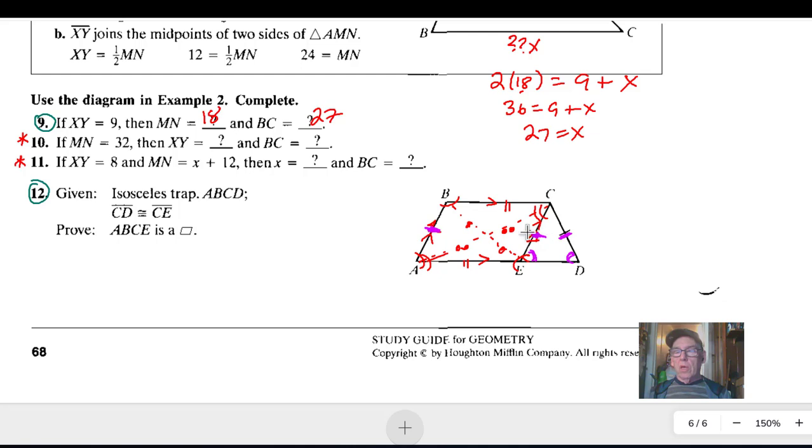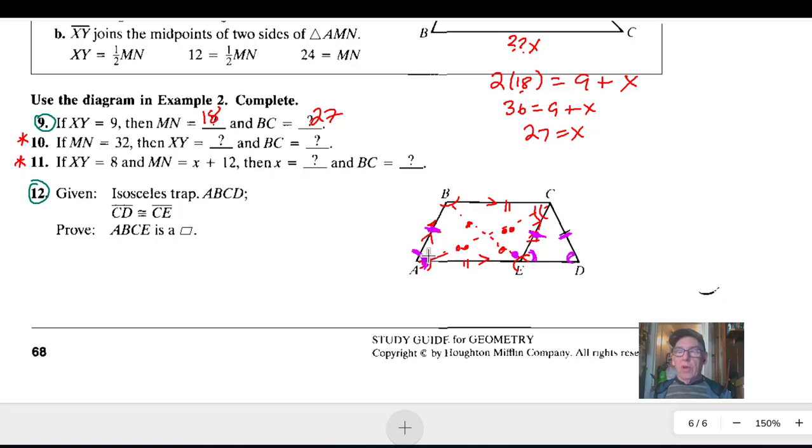Now, what does that do with the angles? Since it's an isosceles trapezoid, this angle at D has to be the same thing as this angle at A. Okay, so it does that for us. Now this angle at A is going to be supplementary to this angle AEC, because together this is a linear pair.